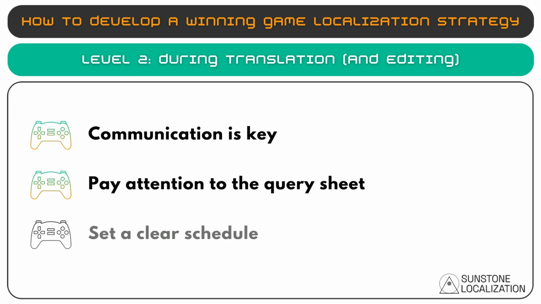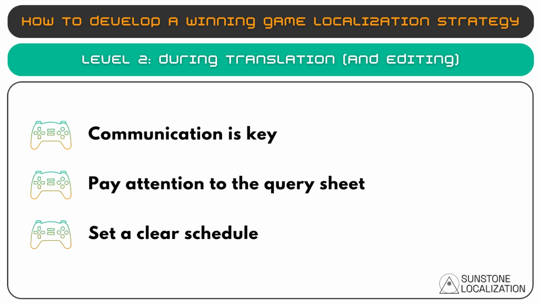It is a very effective resource for linguists to communicate queries and issues directly to you, as long as you keep an eye on it and respond promptly. Otherwise, there could be delays or maybe some errors could slip into your game.